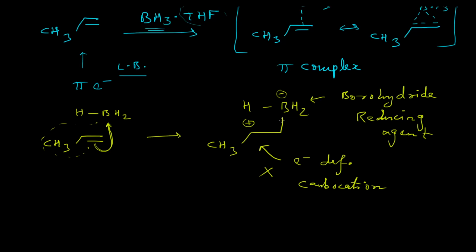So you can see that it is very unlikely to form this kind of species which contains both these highly reactive centers at the same time. So what will happen, as soon as this carbocation formation initiates, the boron center of the borohydride species will immediately release a hydride, and thereby it will reduce this carbocation center.